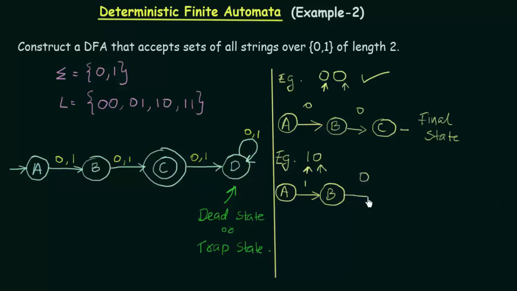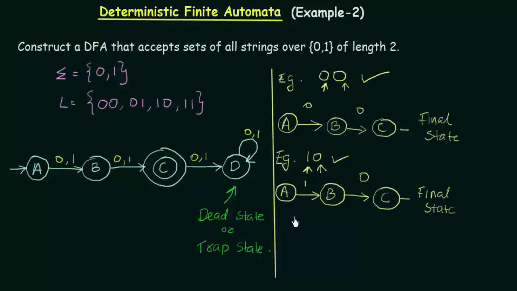I am in state B and I get input 0. It goes to state C. I have reached the end of the string, and at the end of the string I am in state C. Is C the final state? Obviously it is. So this is also accepted. Why? Because it reached the final state.